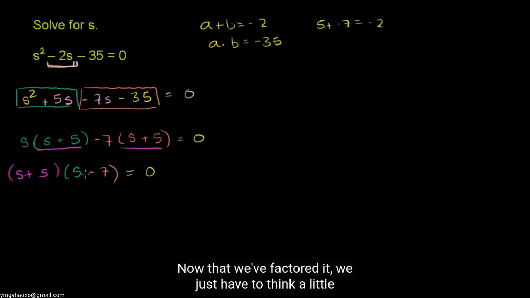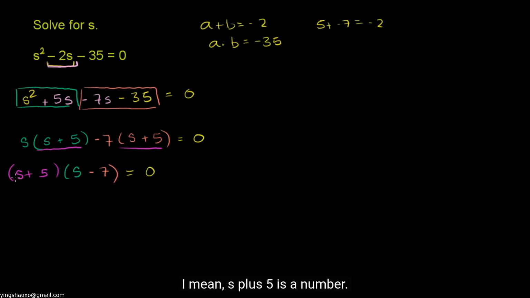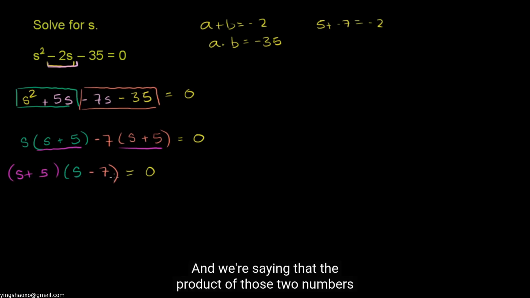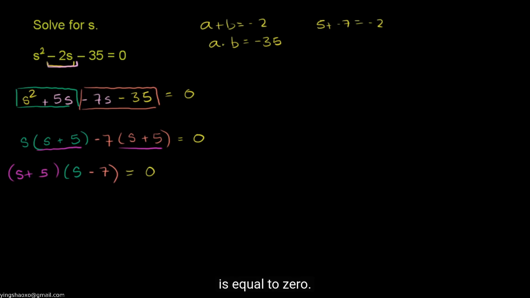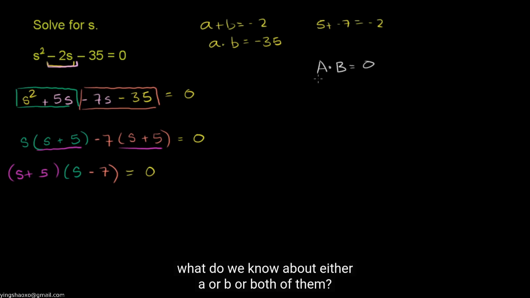0. Now that we've factored it, we just have to think a little bit about what happens when you take the product of two numbers. I mean, s plus 5 is a number. S minus 7 is another number. And we're saying that the product of those two numbers is equal to 0. If I told you that I had the numbers a times b and that they equal 0, what do we know about either a or b or both of them? Well, at least one of them has to be equal to 0, or both of them.